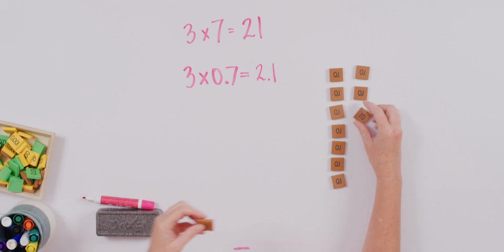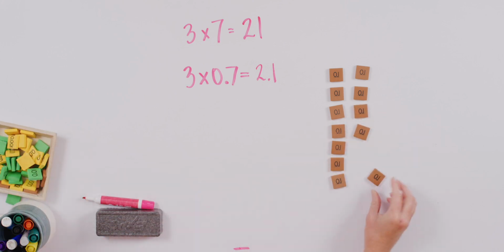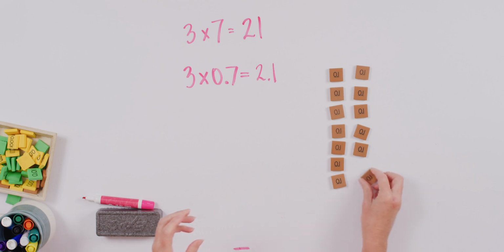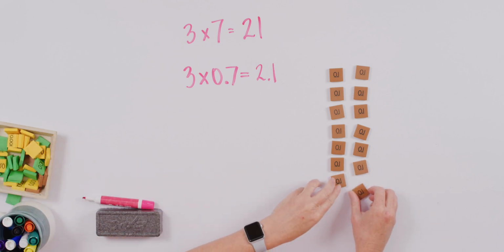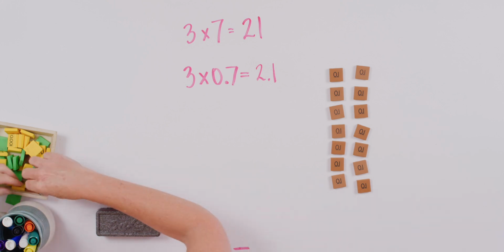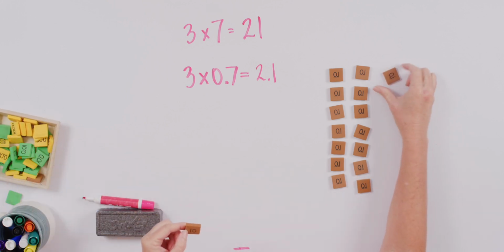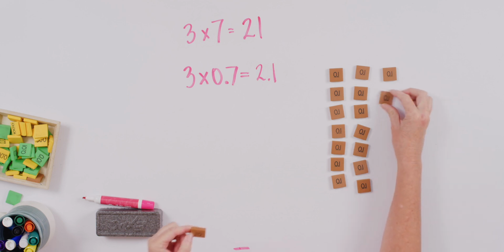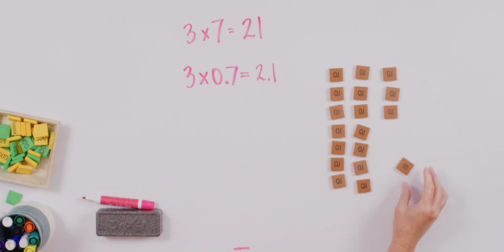Now, can you see if I keep adding here, 7 more, and then 1 more group of 7, right? Let's see if I have 7 here. Uh-oh. Let's see, I have 1, 2, 3, 4.